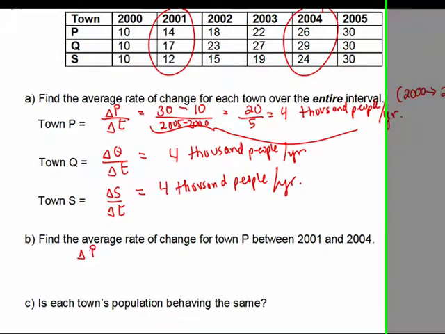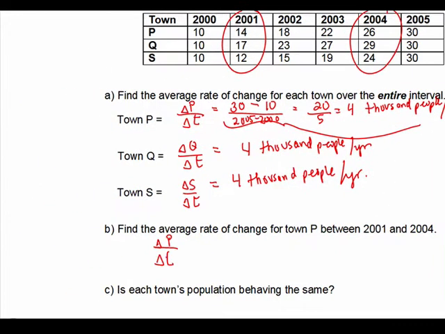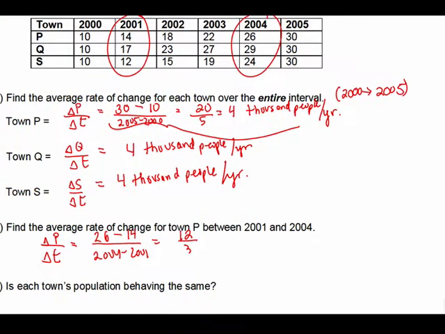I'm going to be doing delta P over delta T. In 2004, the P population was 26. In 2001, it was 14. And then let's just see, 2004 minus 2001 gives me 12 over 3. Hey, it gives me 4 again.